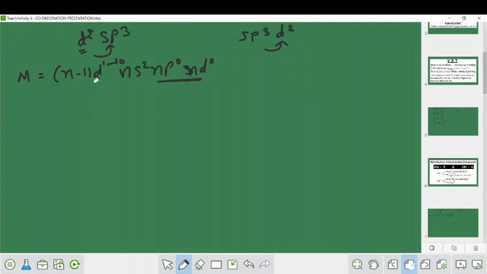Otherwise, you would write (n-1)d1 to 10 and ns2. So take an example of any particular atom like iron. Its atomic number is 26, so its last electronic configuration will be 3d6 4s2, and here you will have 4p and 4d empty orbitals together.